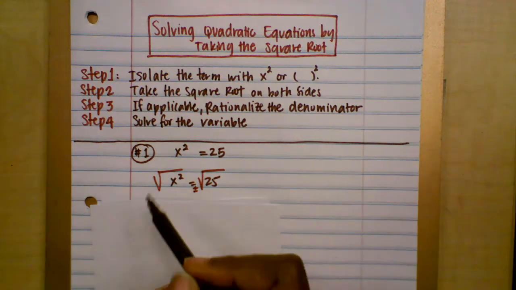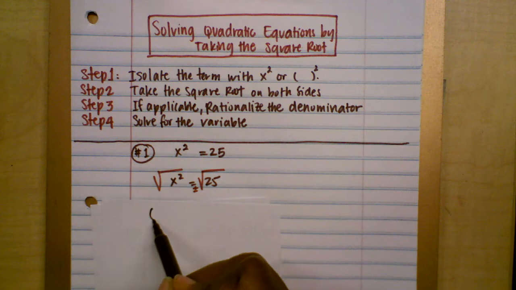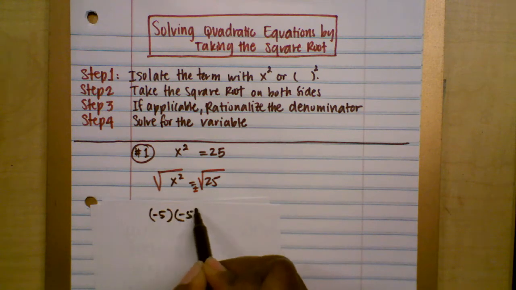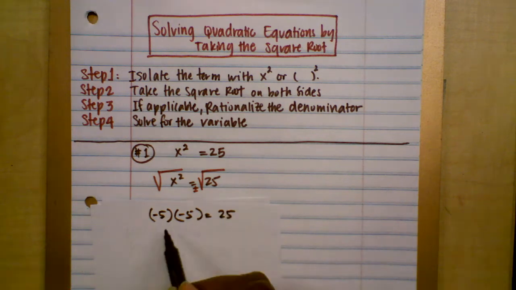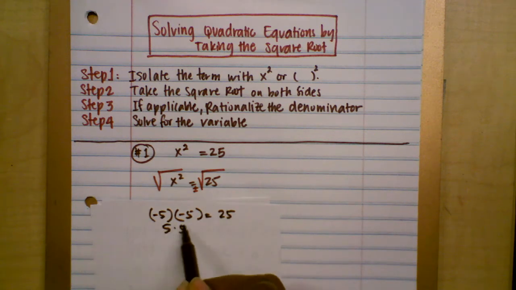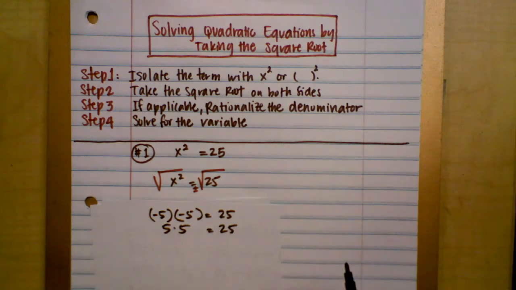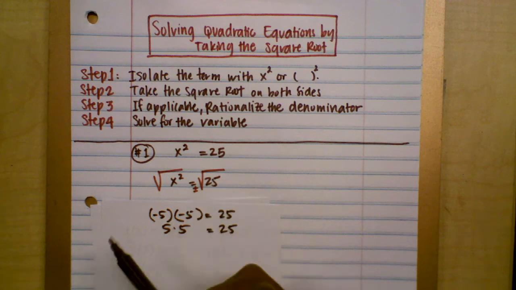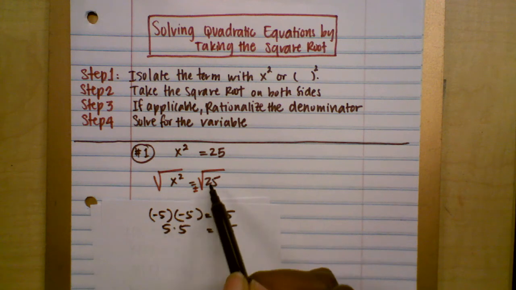The first number is negative 5 squared, or negative 5 times negative 5, which equals positive 25, as well as 5 times 5 is also equal to positive 25. So there are two numbers that give us the radicand of positive 25 when multiplied by themselves.